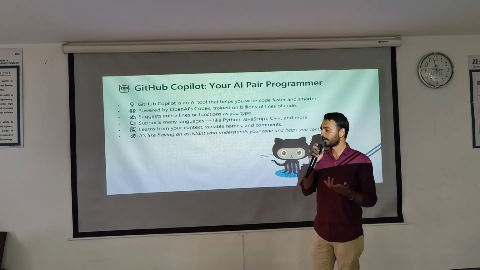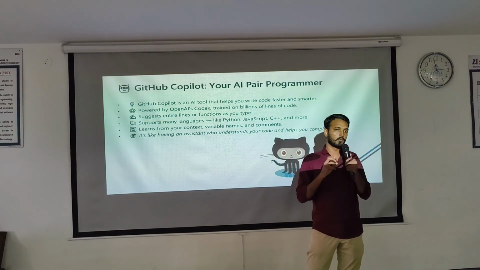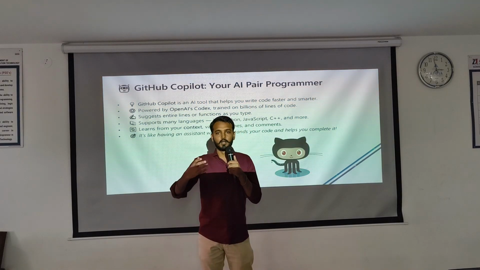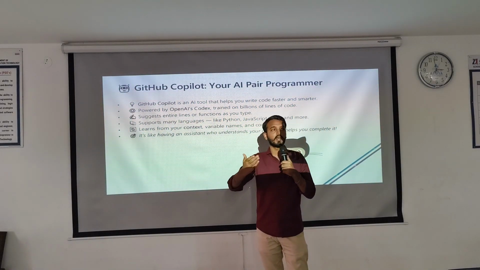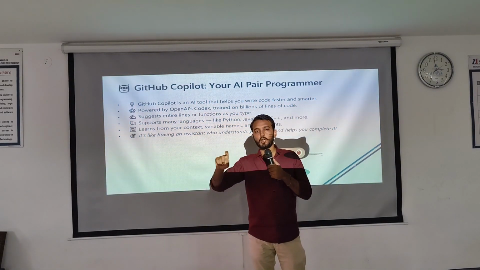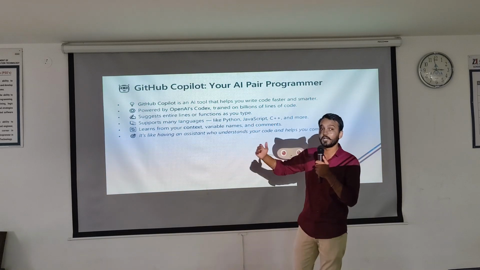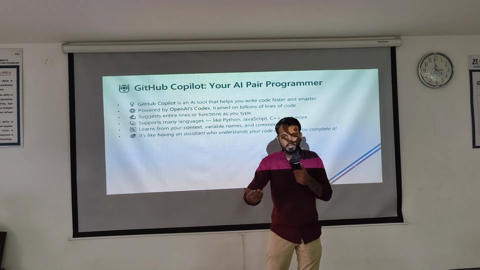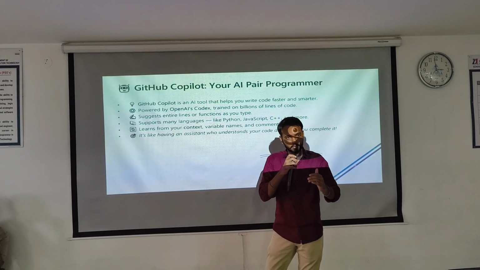It gives suggestions. Also, sometimes we have to give a variable name. For example, in the C programming language, we write int x equals something. If my way of coding is like int dog equals something, int ab equals something, it is going to learn from the way I code, keep that in memory, and next time onwards it is going to provide a solution in such a way that you will feel like you are only coding.